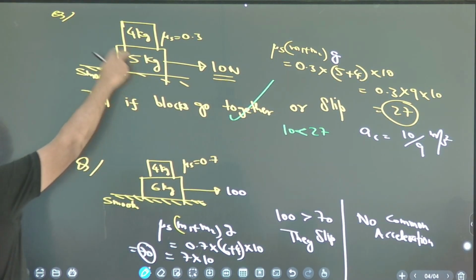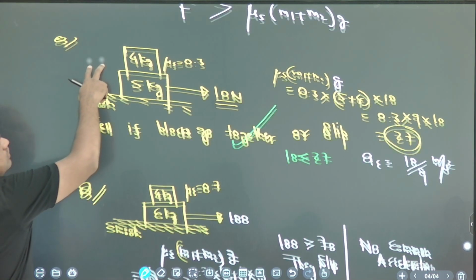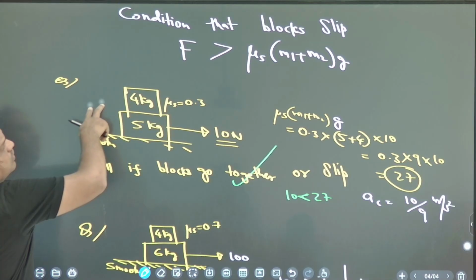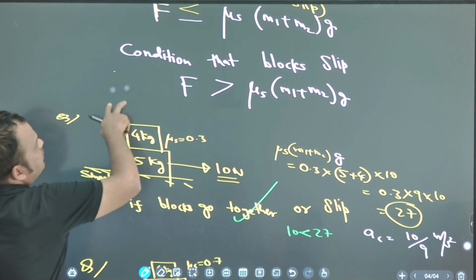Now go back to the formula. What is the value of friction? Find out the friction if they are going together.